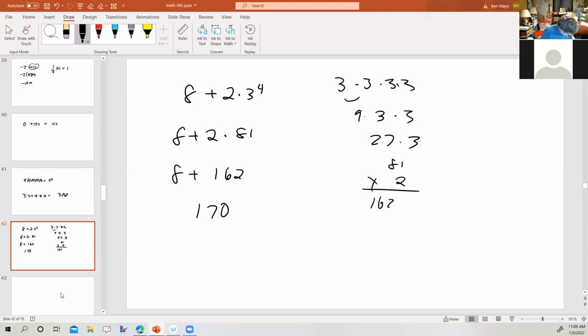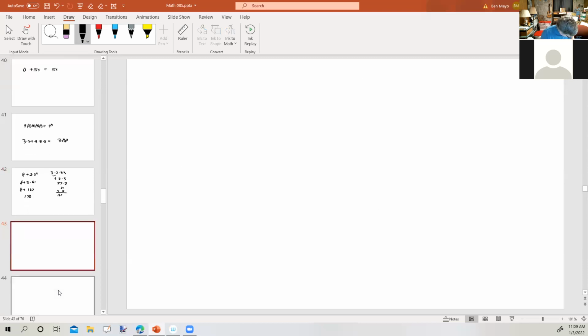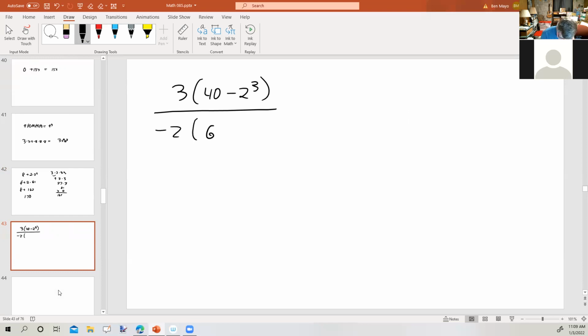Okay, let's see here. How about this? 3 times the quantity 40 minus 2 cubed, all over negative 2 times the quantity 6 minus 4, squared. The fraction bar is a grouping symbol. It separates the numerator from the denominator.